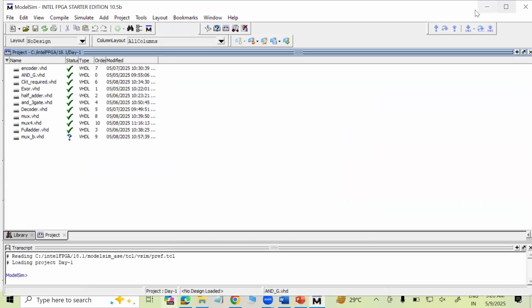You can download this software for programming purposes. It is freely available. If you search it on Google, you will get everything.